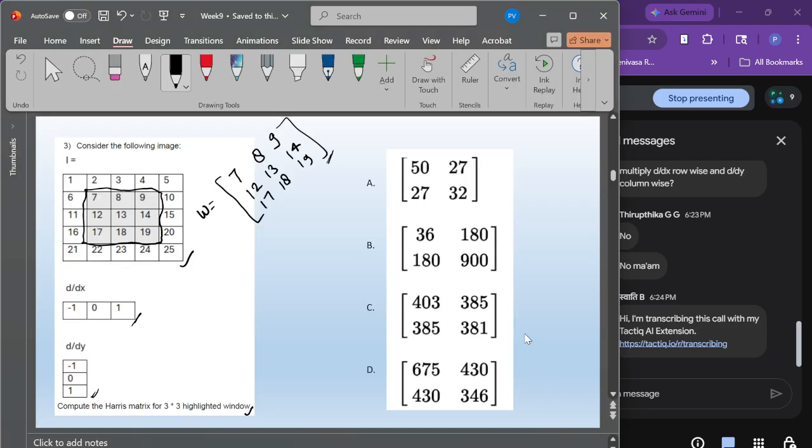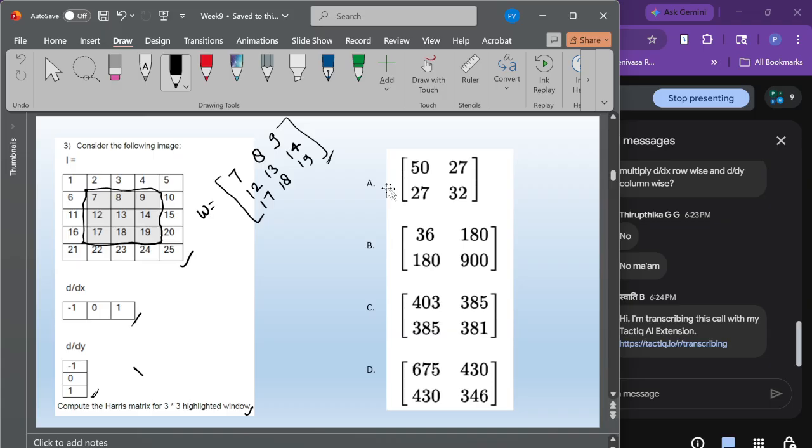First we will compute the horizontal gradient, that is called Ix. So how do we calculate the horizontal gradient Ix?